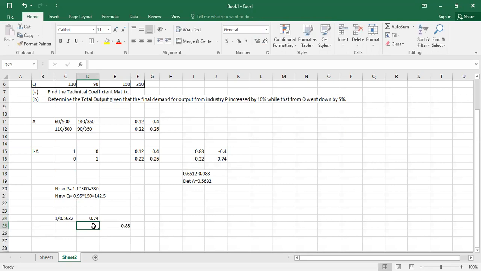Negative 0.22 multiplied by negative, I get 0.22. This is negative 0.4. I multiply by negative, I'm going to get 0.4, right? So I multiply 1 over determinant by the inverse, and then by P and Q, where P is 330 and Q is 142.5. The answer that I'll get will be my total output. What will I get?